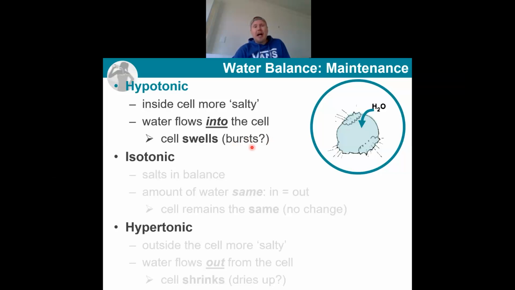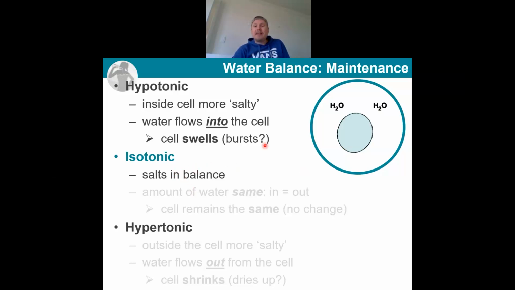So how I think of hypotonic cells is that I always try to make things that remind me of something. And hypo sounds a little bit like a hippo. So hypotonic cells are these big swollen cells because water is flowing inside them. They're like hippos.